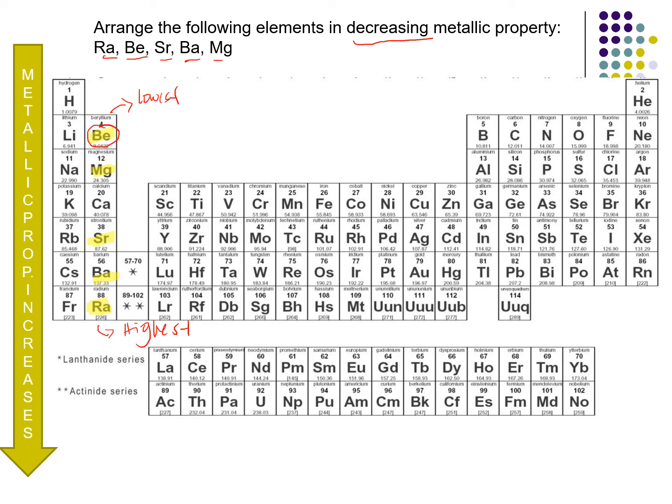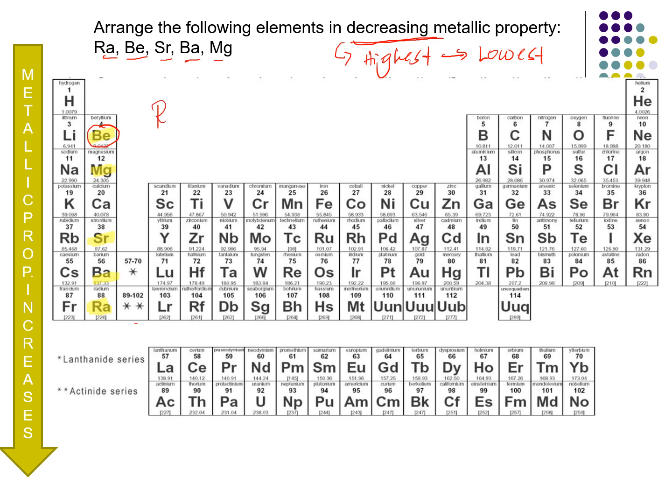Decreasing metallic property. Pag sinabi nating decreasing, magsisimula tayo sa highest papunta sa lowest. So, ayusin na natin yung elements natin. Ang highest natin ay si radium, di ba?